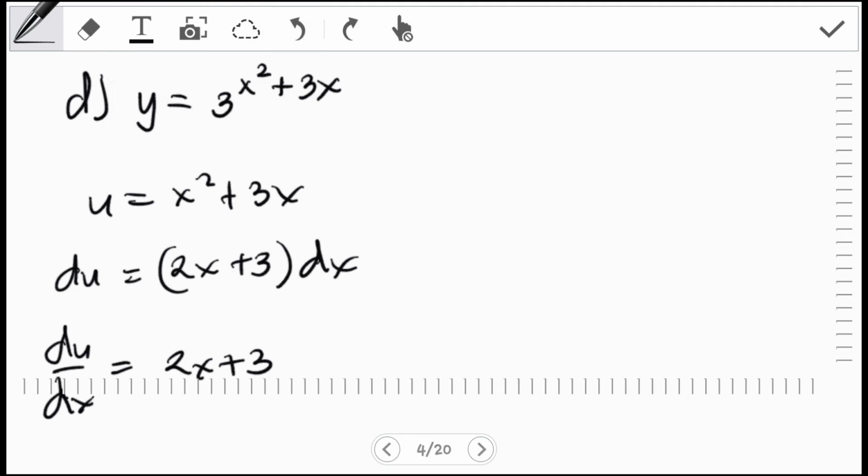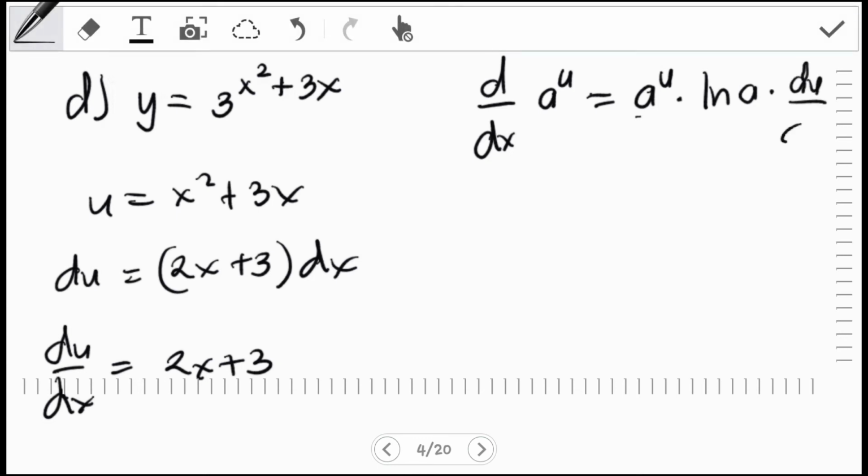Okay. So, therefore, we use this formula: d over dx of a to the u is equivalent to a to the u, where a here is a constant, times ln a times du over dx.